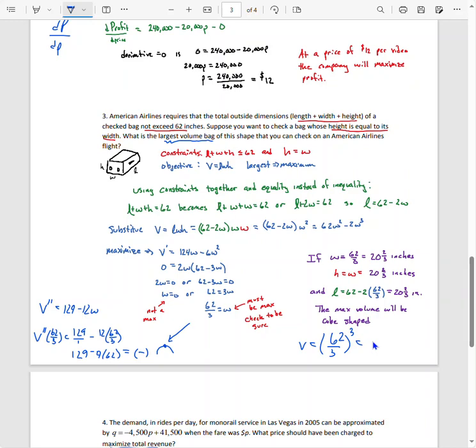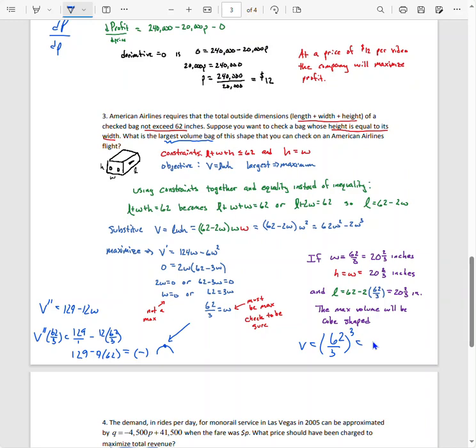62 thirds all cubed. If I were to throw that into a computer or a calculator, because I'm so planned ahead of time, yeah, that's me stalling. So we'll have 62 thirds. I'm doing this off screen because why would I want to show you something in a video?